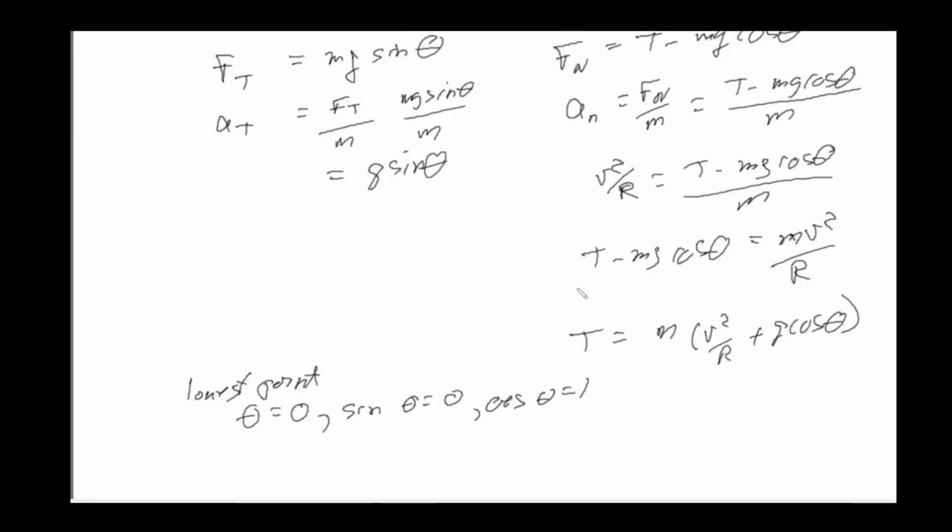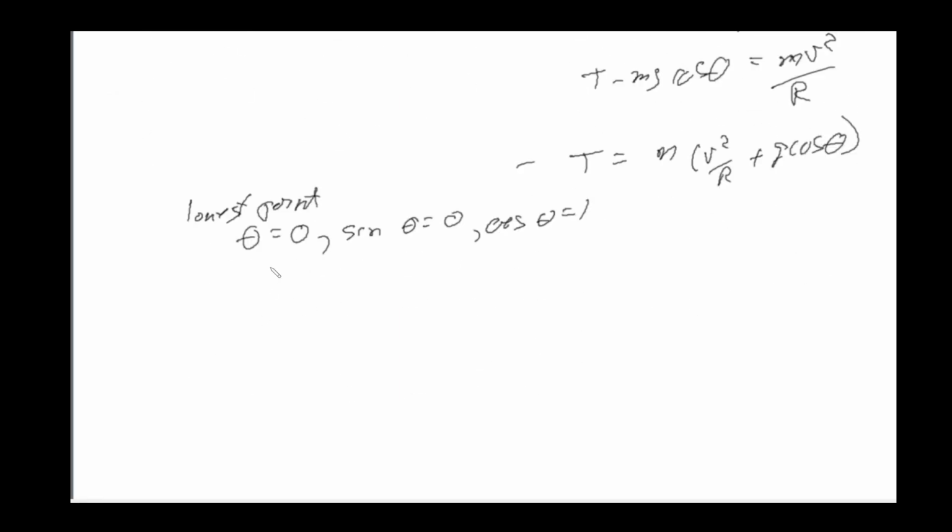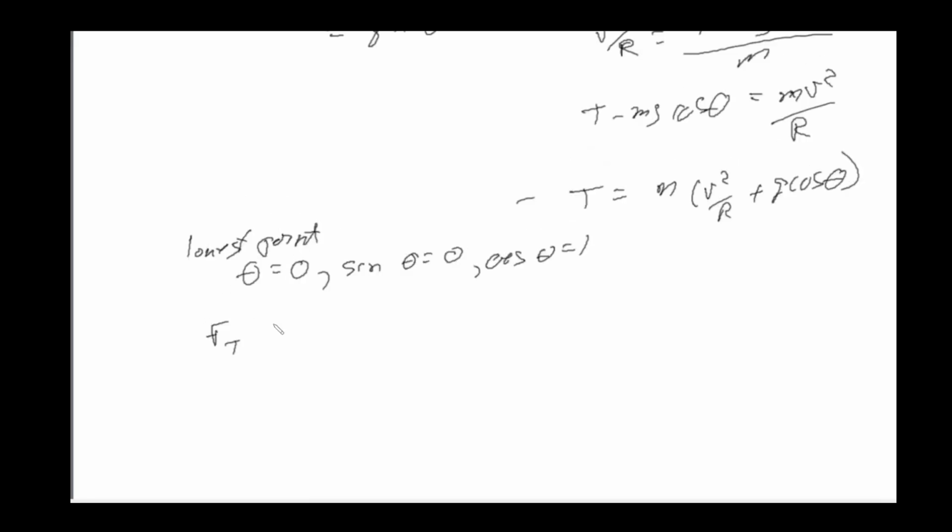So if we put that into these equations up here, at the lowest point where theta equals 0, the tangential force is 0, the tangential acceleration is 0, and T is equal to m times v squared over r plus g. And that's the maximum amount of tension we can get in the circle.